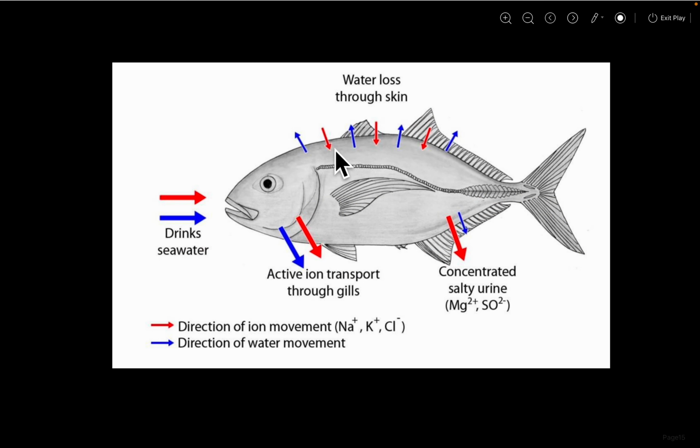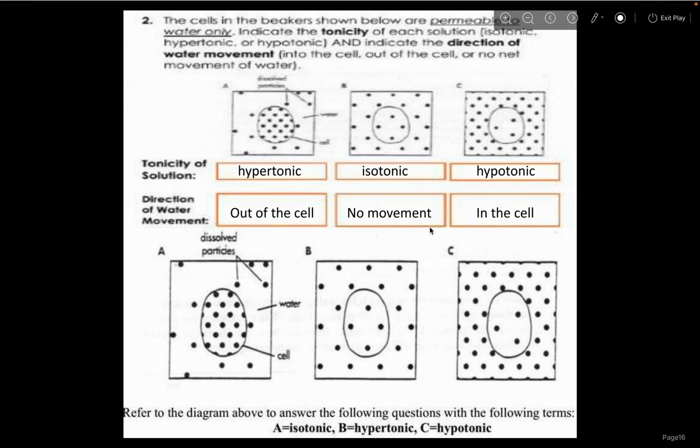Okay. So the water loss occurs in the gills of the fish that you are seeing on your screen right now. And the moment the fish drinks water, active ion transport through the gills takes place, which is converted into concentrated salty urine or waste materials from its body.